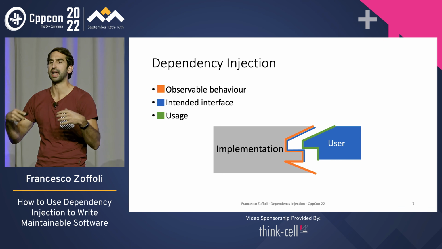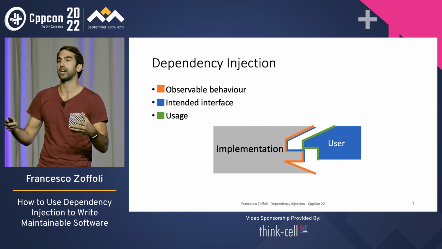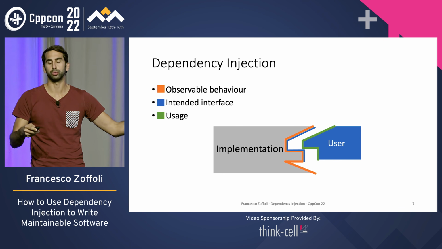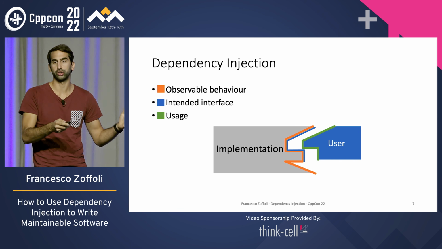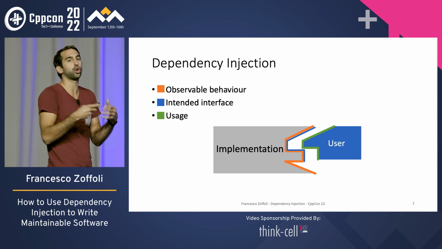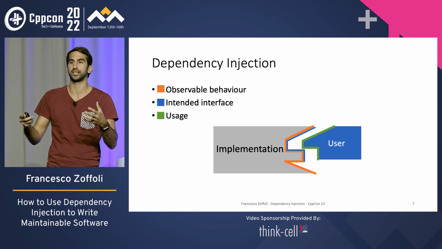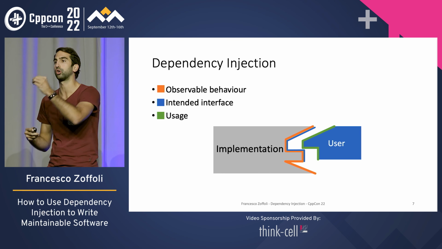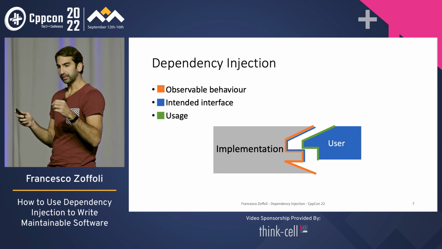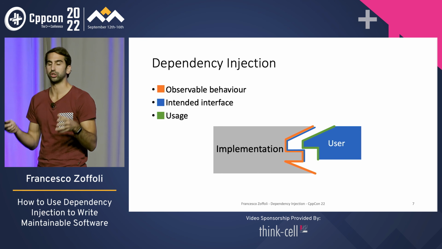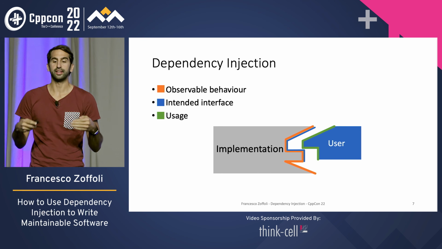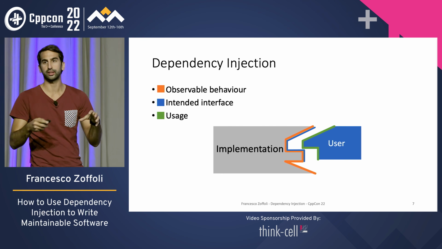Let's say a component has an add function, and this add function prints to standard out. This is an observable behavior, but very likely this is not the contract the component promises, that when you add something it is going to print. So a subset of the observable behavior is going to be the intended interface. And the intended interface is the contract that is specified.